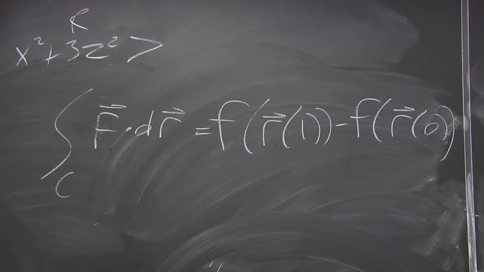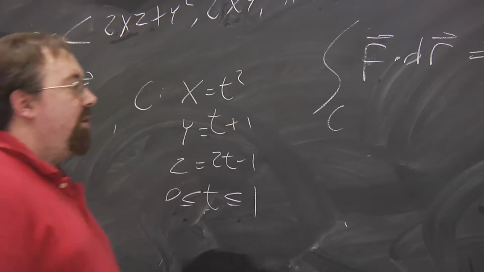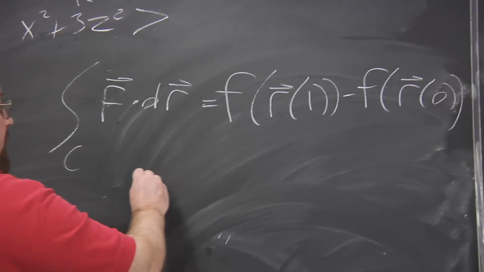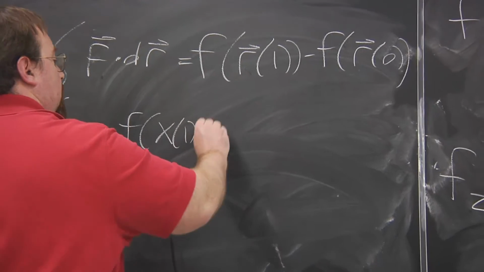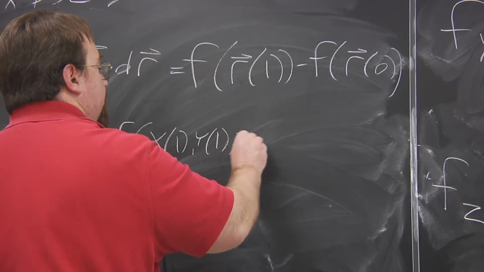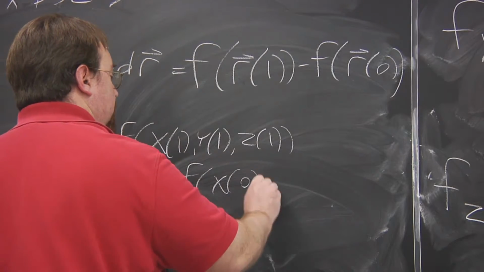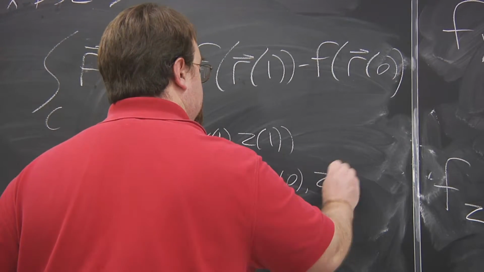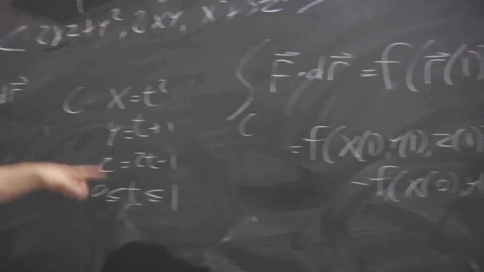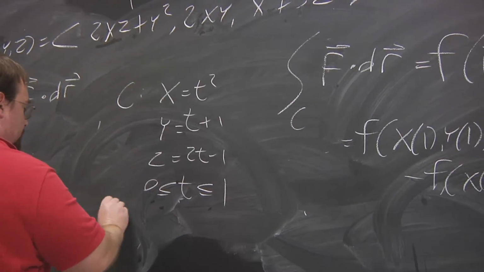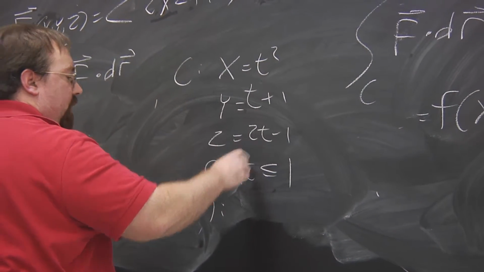Right? The 0 and 1 are your beginning and ending parameter values. So you only need to compute the coordinates of the beginning and ending points of your curve. So we just need to plug in t equals 0, t equals 1. Here we get 0, 1, and minus 1.